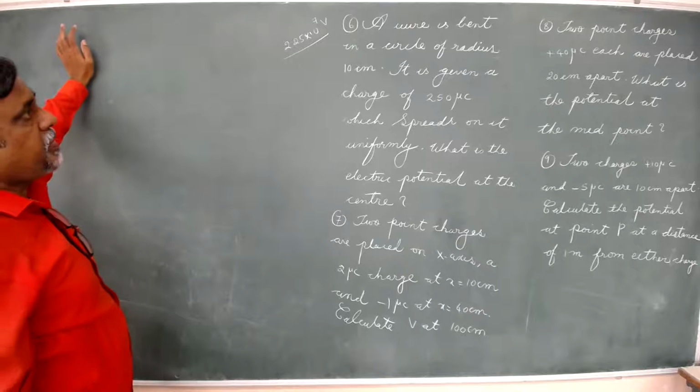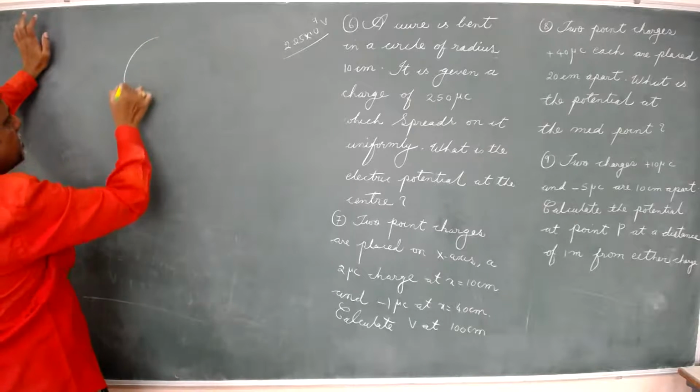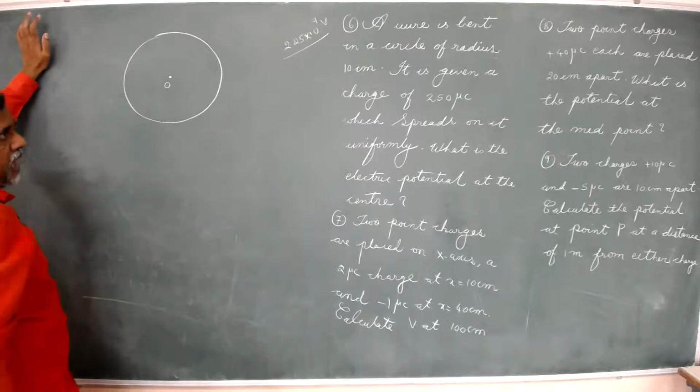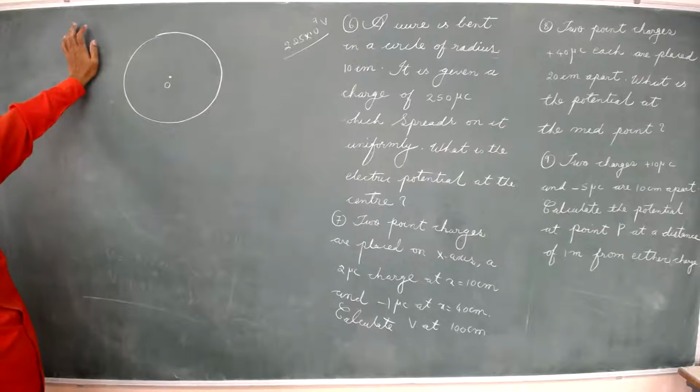Okay, so a wire is bent in the form of a circle of radius 10 centimeter. So look at this, this is the circle, and this is the center. And 250 microcoulomb of charge is placed on the wire throughout the circular region. The charge is distributed uniformly.